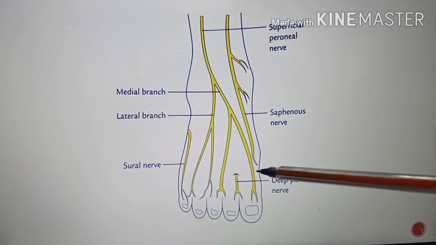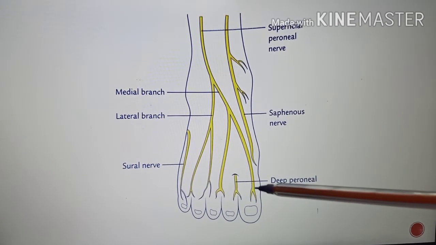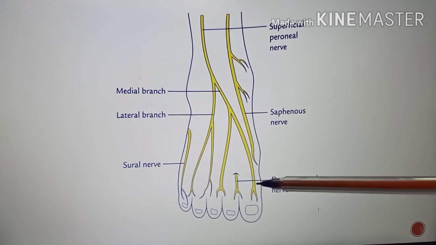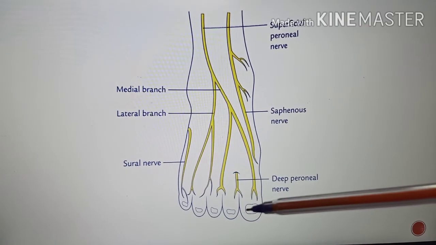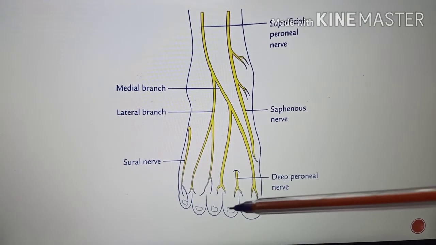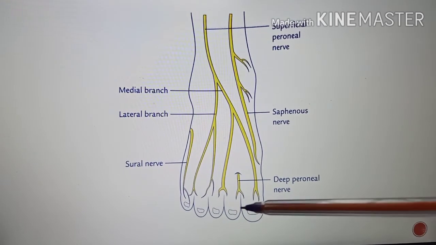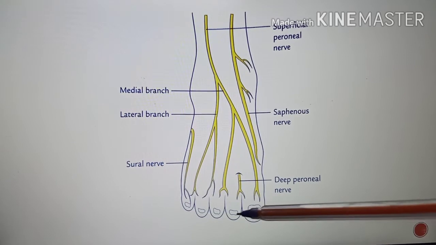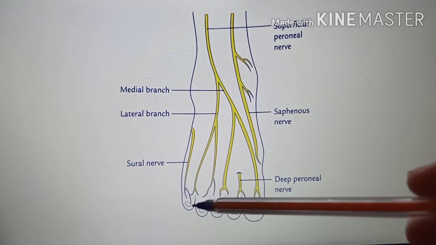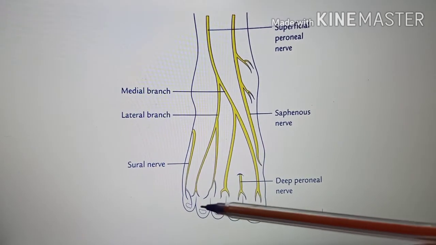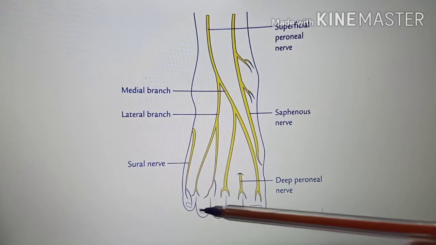Below this, it is supplied by the superficial peroneal nerve. The medial plantar nerve supplies the nail beds of the medial 3½ toes, whereas the lateral plantar nerve supplies the nail bed of the lateral 1½ toes.